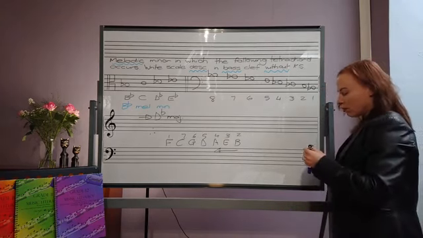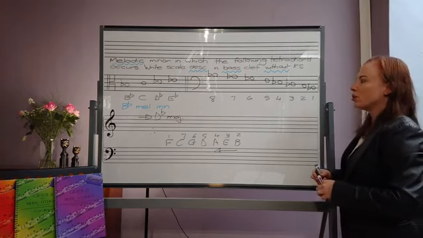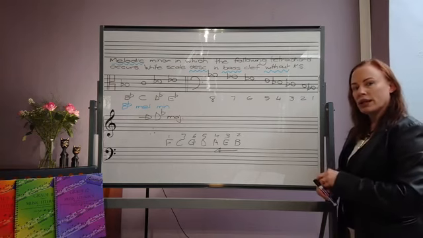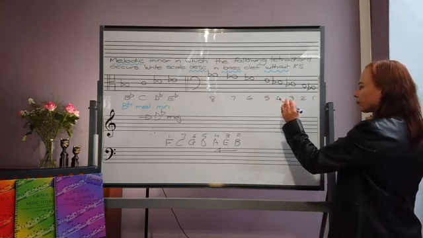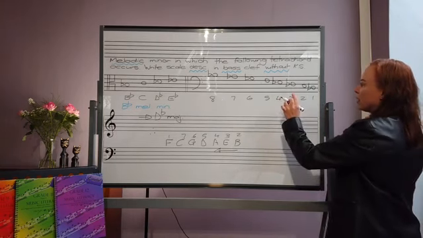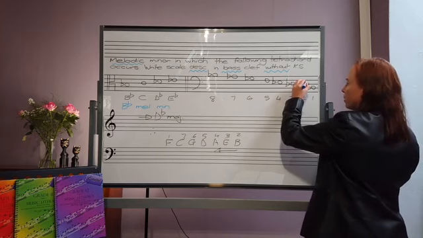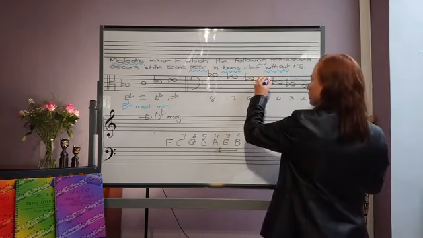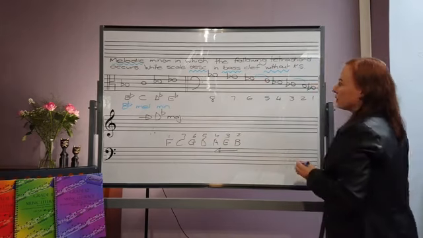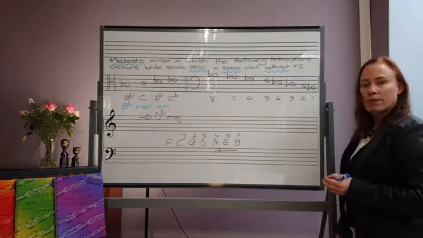And then, of course, the last thing that you need to do is indicate your semitones, and in the descending minor, it's going to be between your 2nd and your 3rd, as well as your 5th and your 6th scale degree.